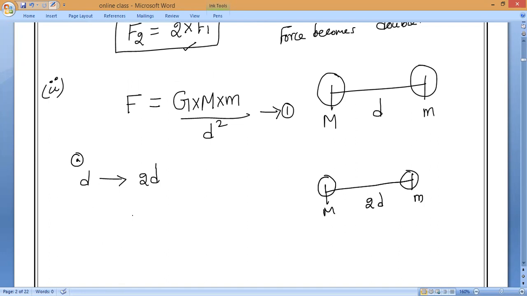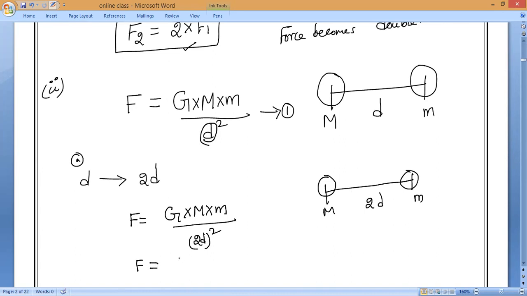So now the formula will come like this. F is equal to capital G into capital M into small m divided by, not d square, but in place of d, what do you have to write, guys? 2d whole square. That is what will come.